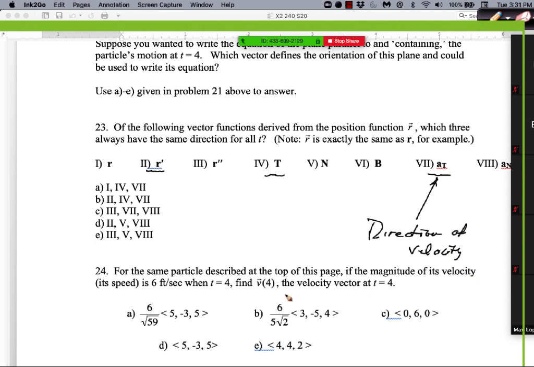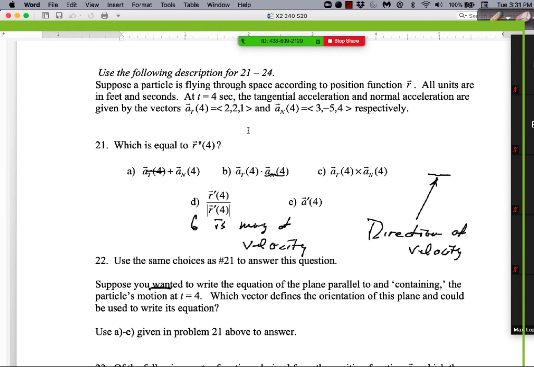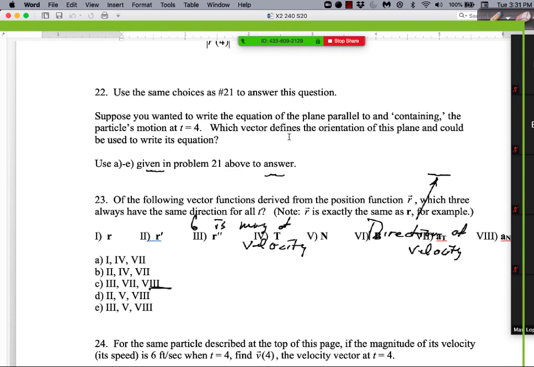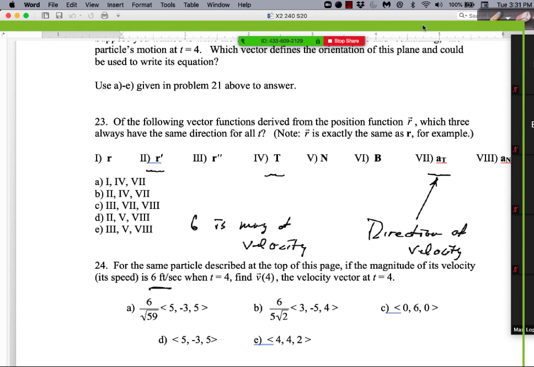And it says the speed is 6, so that's the magnitude of velocity. We have the direction from earlier, up here: 2, 2, 1 is the tangential acceleration. That's the direction of motion, so that's the direction of velocity, and the magnitude is 6.